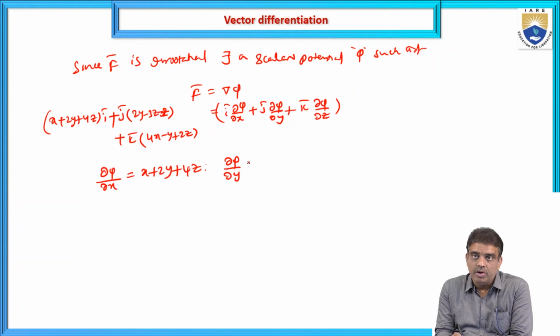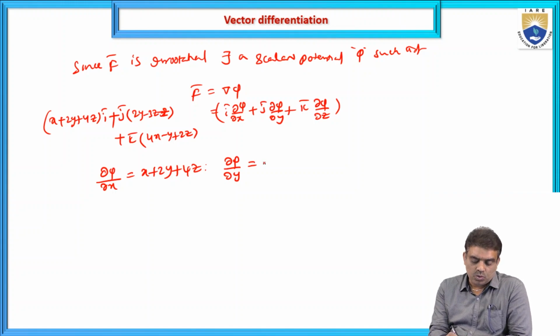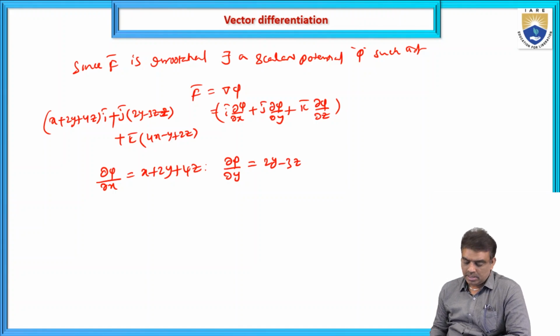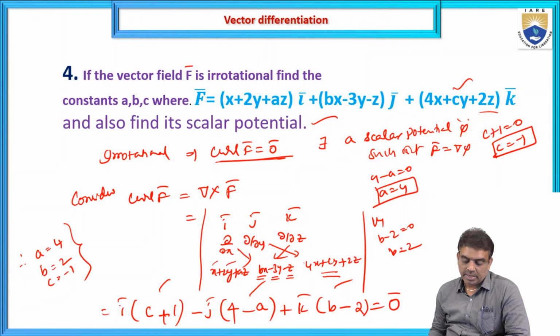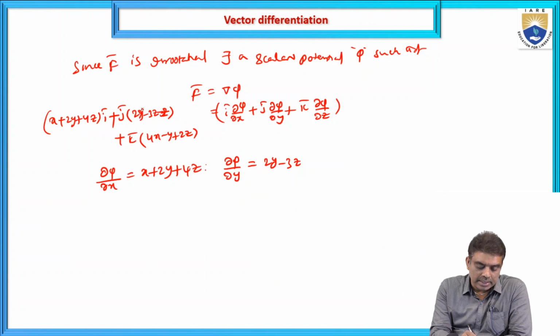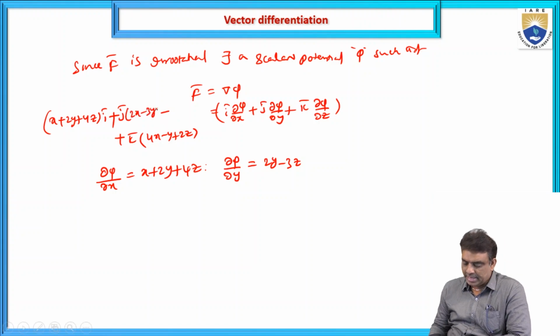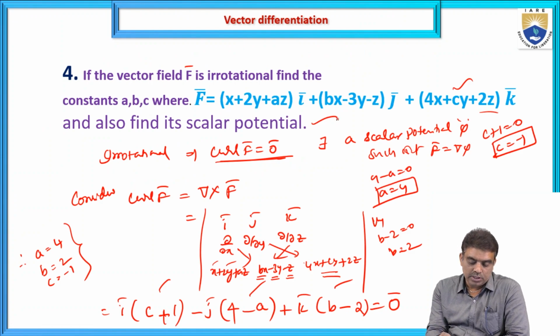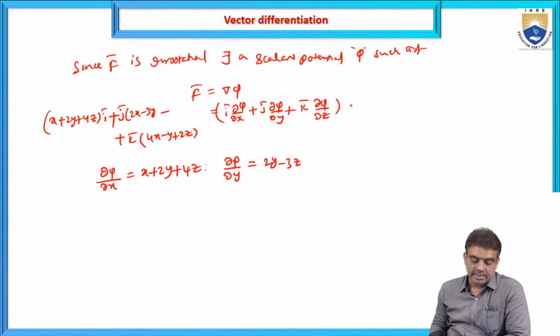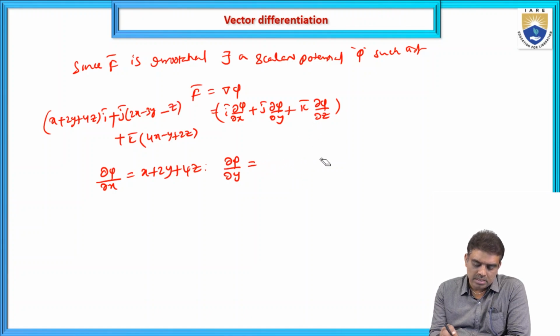Similarly, what is dou phi by dou y? On comparing both sides, with b equal to 2, bx is 2x, so dou phi by dou y is 2x minus 3y minus z.